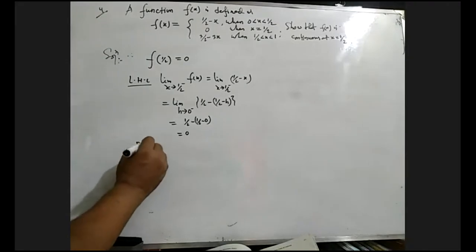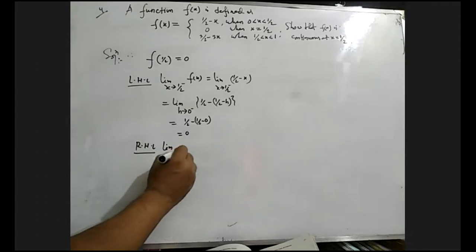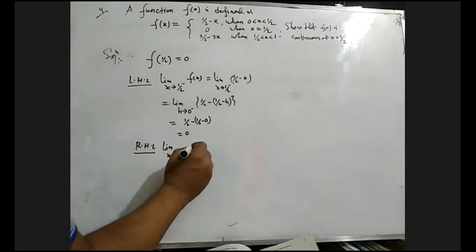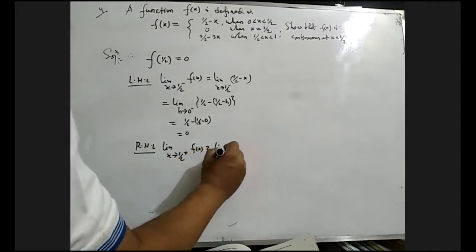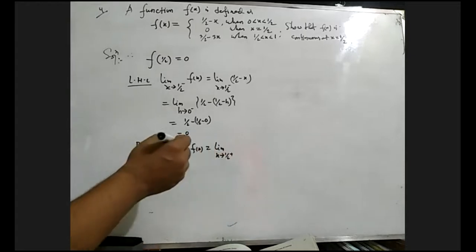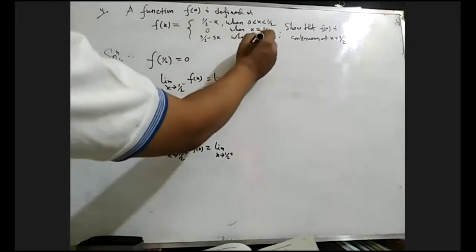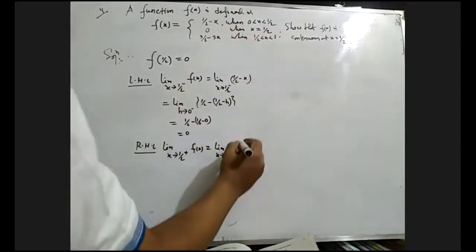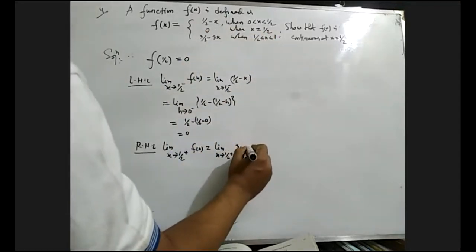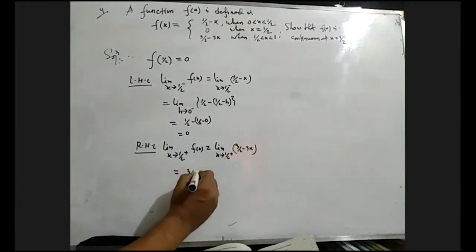Now right hand limit x tends to half plus of f of x. In which part of this function? X greater than half. X greater than half is the third part. 3 by 2 minus thrice x.